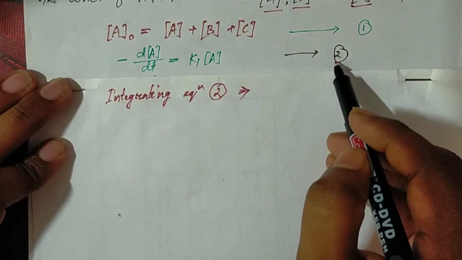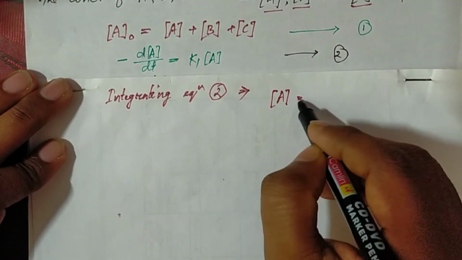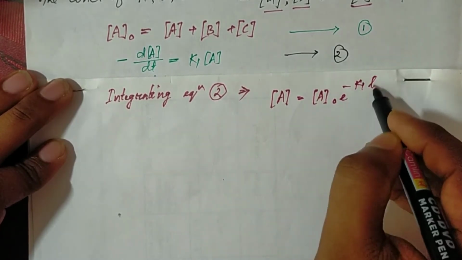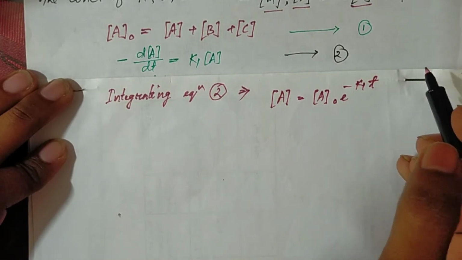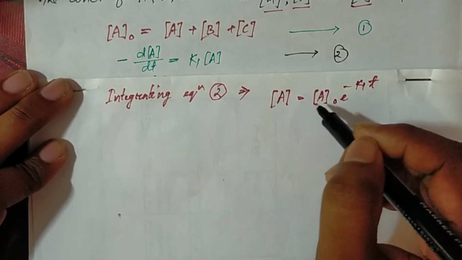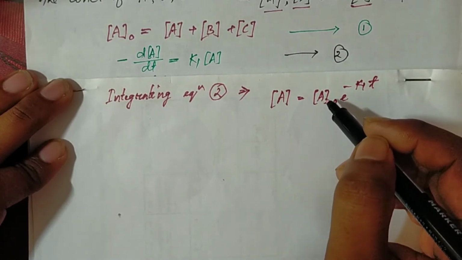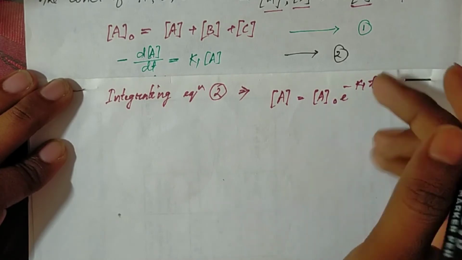Integrating equation 2, it will give A is equal to A naught e to the power minus k1 t. Okay, next we can substitute this A value in equation 3.